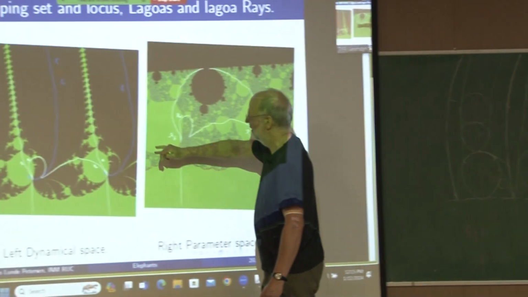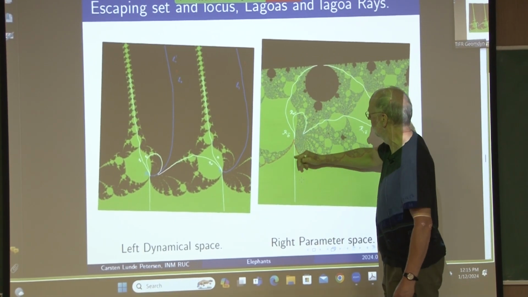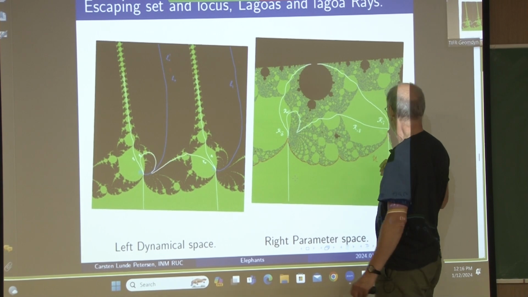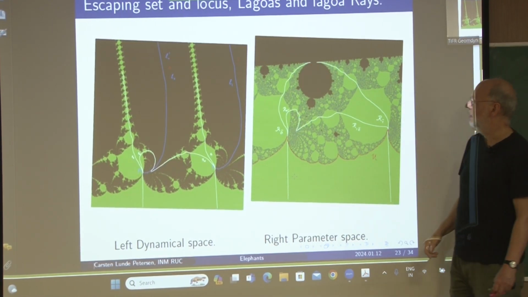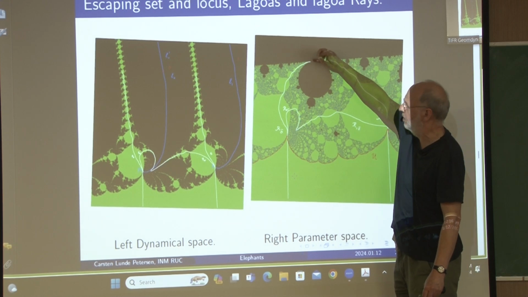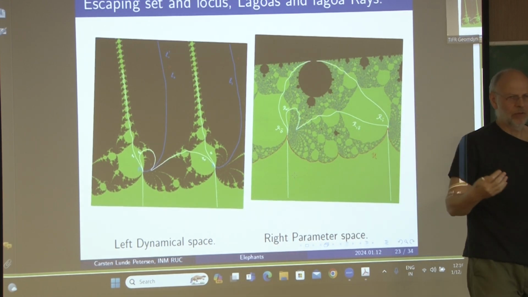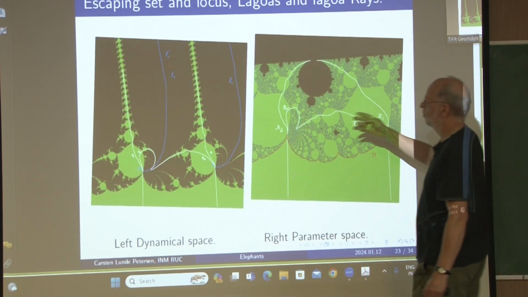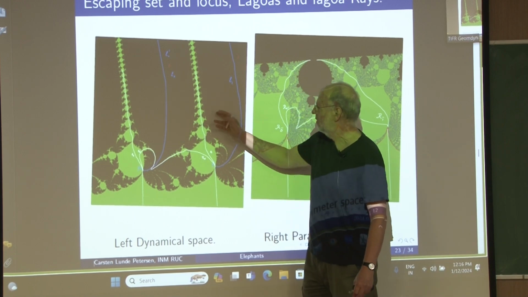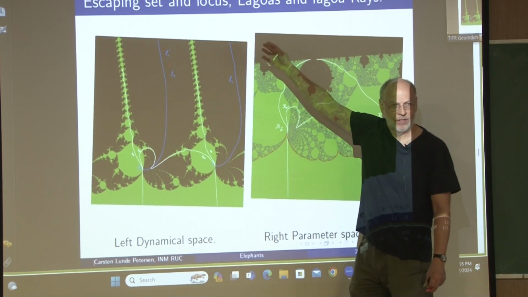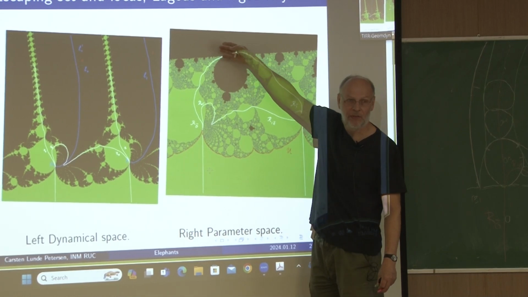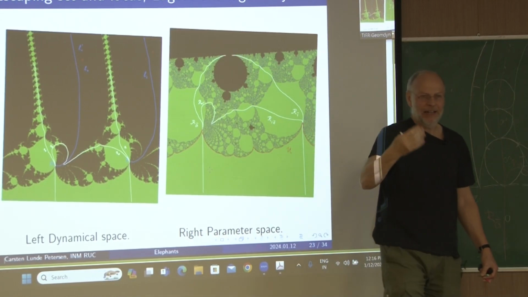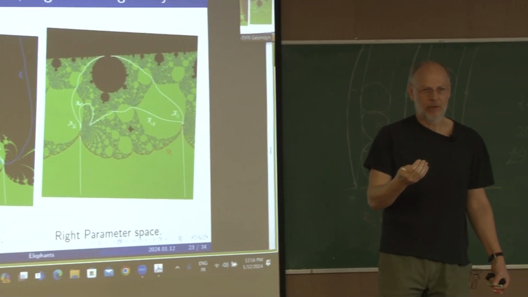So, the shooting argument will tell you that you have a 0 parameter ray and a 1 parameter ray co-landing at 0. Now, Milnor has developed, and I have another proof also, that when these rays land at a parabolic point, if you go in the transverse direction, they stay landing at a repelling fixed point.